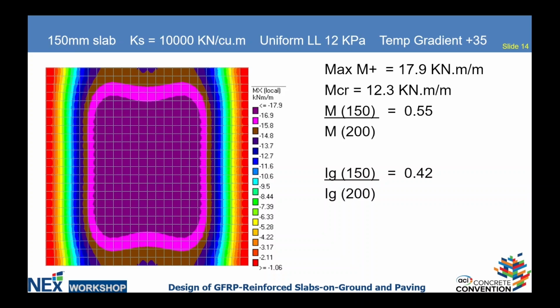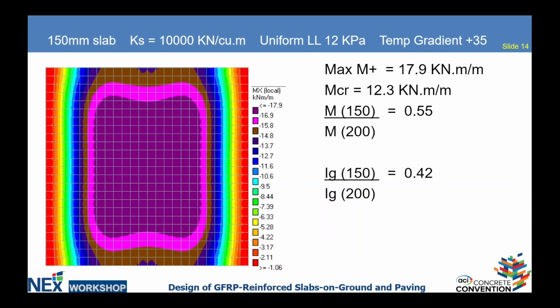The ratio between the positive moment of a 6-inch slab to an 8-inch slab is about 55%, recognizing that the I gross of the 6-inch slab relative to the 8-inch slab is only 42%.